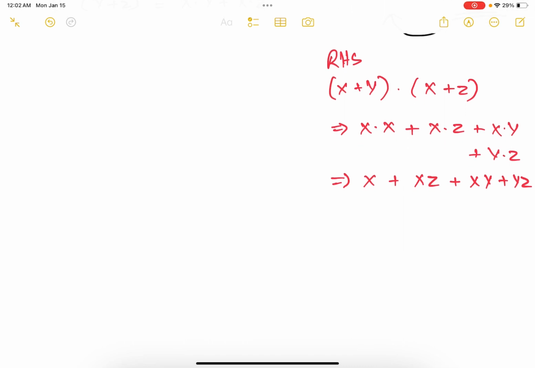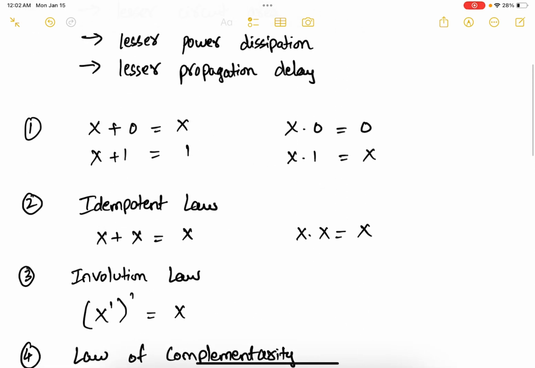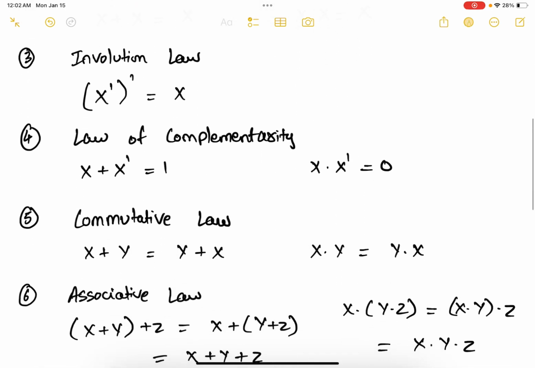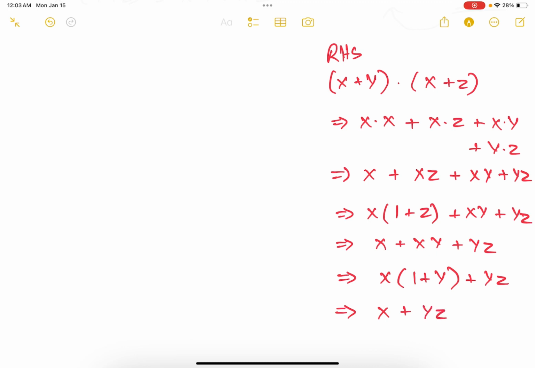Now this is nothing but x times (1 or z), or xy or yz. So looking at your previous theorem, 1 or z is nothing but a 1. This is again the same, x or yz.